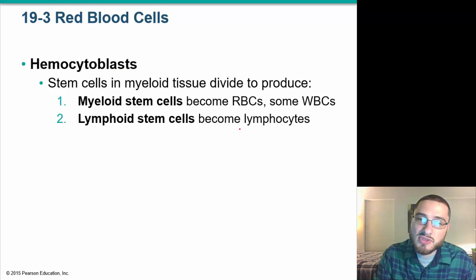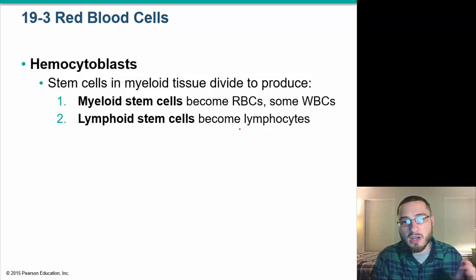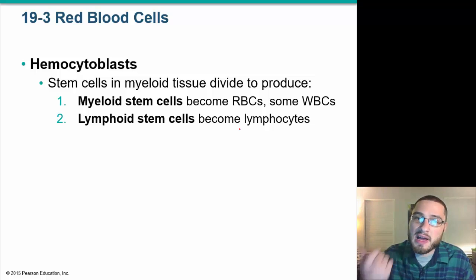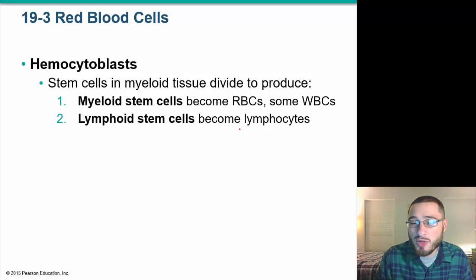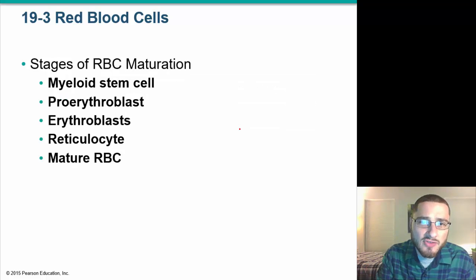Hemocytoblasts are the stem cells in myeloid tissue that divide to produce those myeloid stem cells, which are going to create the red blood cells and some of the white blood cells. And then lymphoid stem cells are going to be what make our white blood cells, or our lymphocytes.